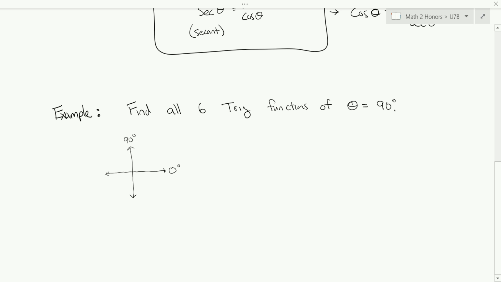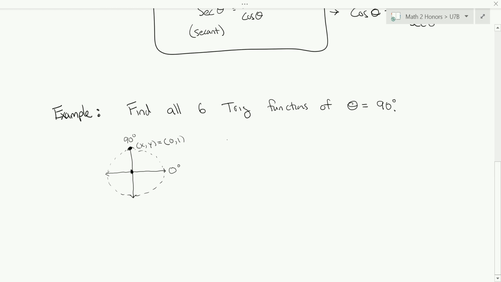Instead, we're going to use that unit circle, which has a center at 0, 0, and a radius of 1. So here's 0, 0. If I move up 1 unit, what's the new coordinate that I'm at? It's going to be 0, 1. I haven't moved left or right, so x is 0. And I moved up 1, so y is 1.